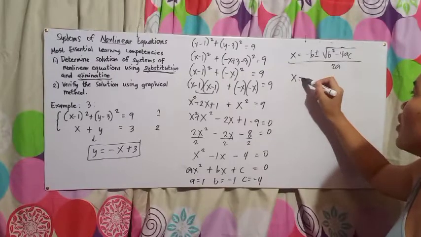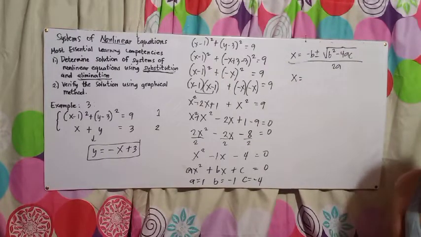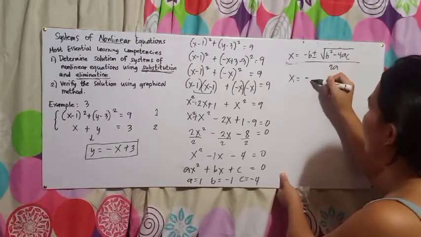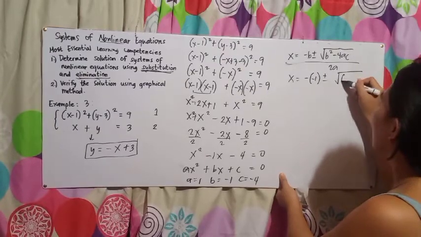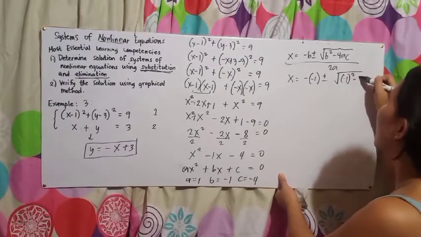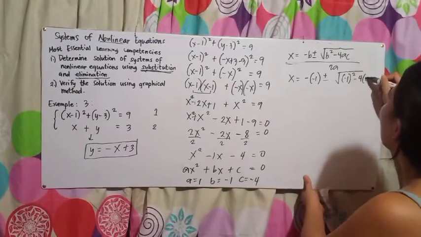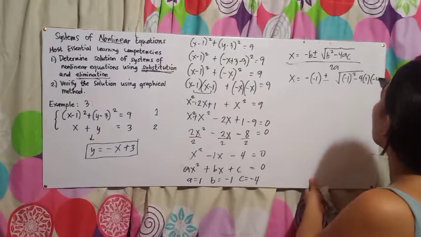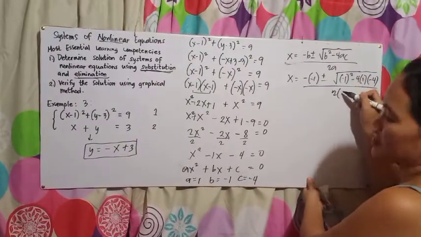So, i-substitute sa quadratic formula para makuha ang value sa variable x. So, negative B is negative 1. So, negative 1 squared minus 4 times ang A is positive 1 times ang C is negative 4, over 2 times A is 1.